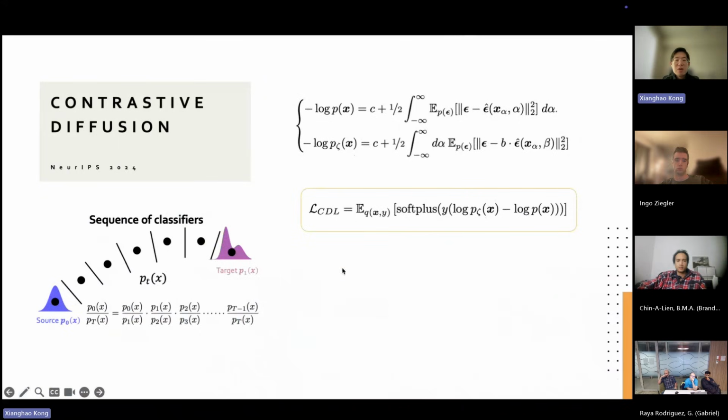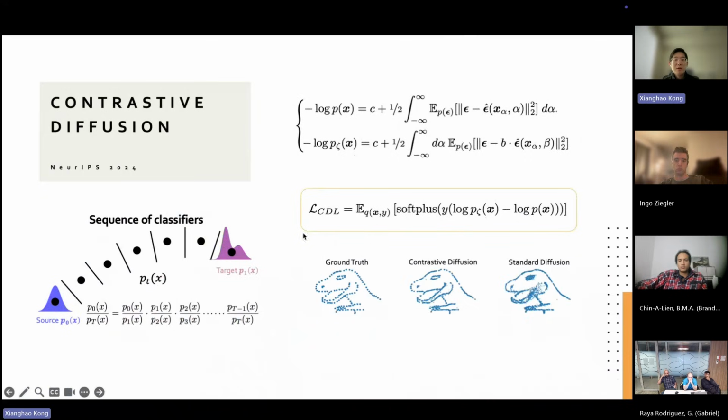This contrastive diffusion loss will implicitly draw an LLR classifier. At each data point or each time step, it will classify whether this data point belongs to our optimal denoiser or not. So if we push the model towards the optimal denoiser during training, we can make sure the diffusion model is trained better.